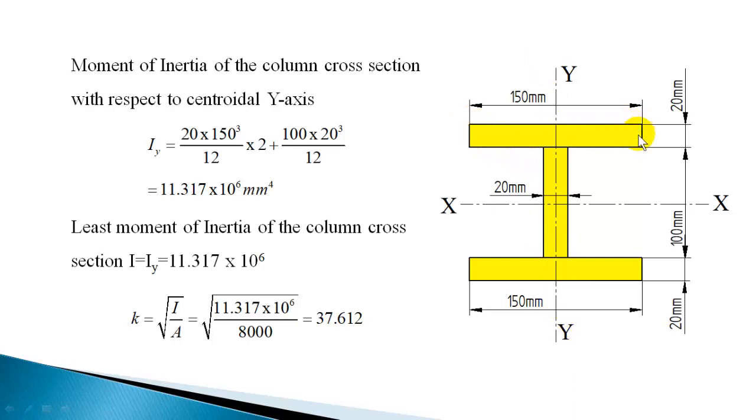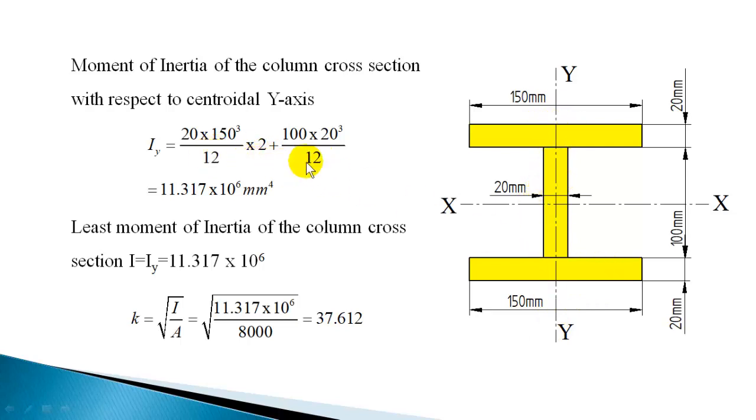So you are finding the moment of inertia with respect to the centroidal y-axis of each area: the top flange, the web, and the base. Since the centroidal axis of each area coincides with the common centroidal axis, you can add all three values.